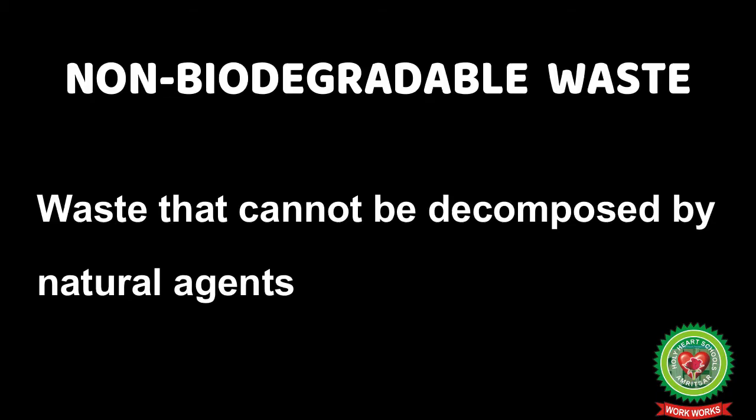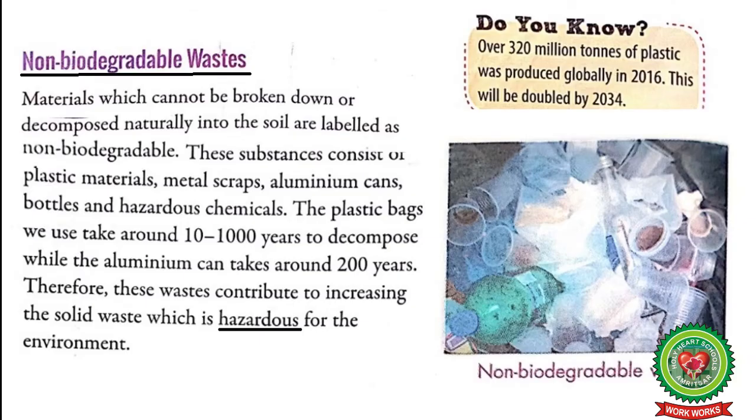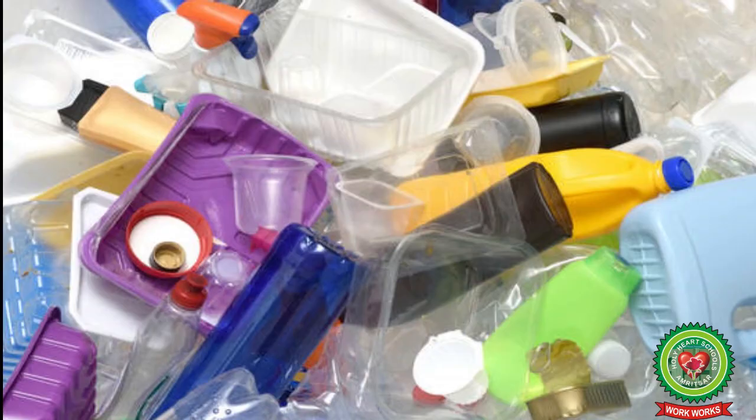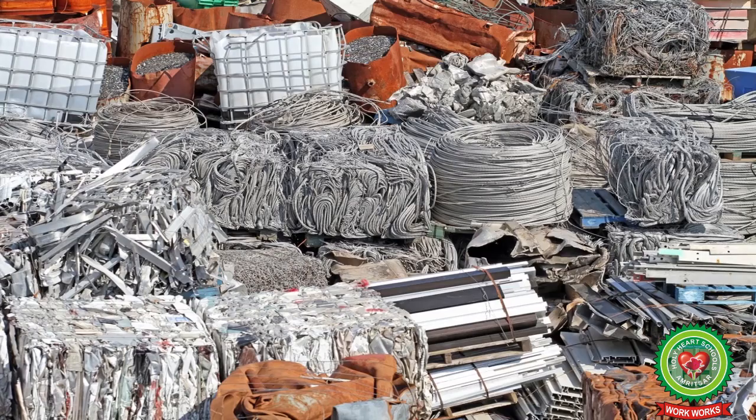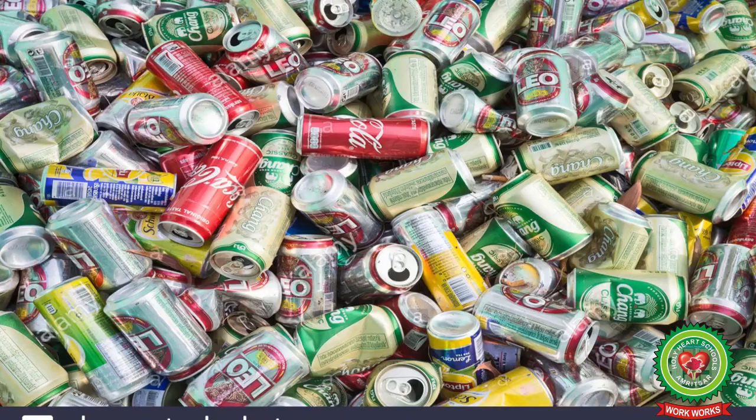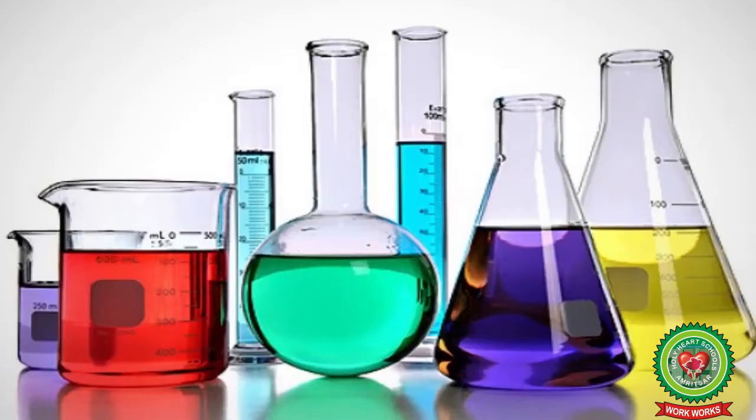So students, waste that cannot be decomposed by natural agents is called non-biodegradable waste. Some examples of non-biodegradable waste are plastic materials, metal scraps, aluminium cans, bottles and hazardous chemicals.